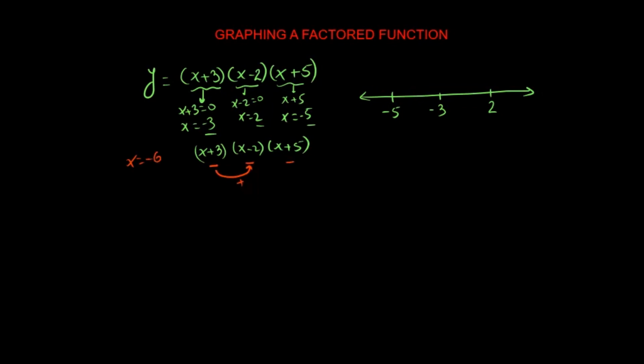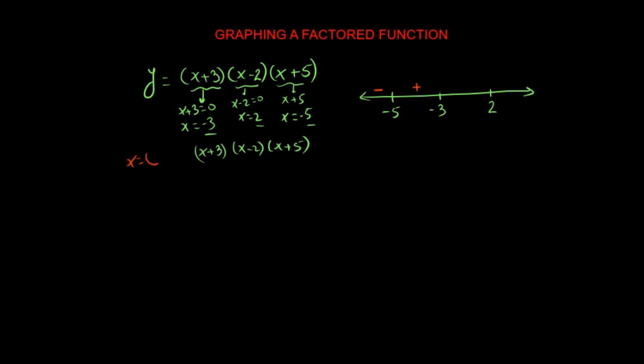And now we check the next segment between minus 3 and 2. You can take any number here. However, if 0 lies in this, then you should take 0 because 0 is the easiest number to work with. Since 0 is somewhere here, I will go with 0. But you can also go with minus 1, plus 1, or minus 2.